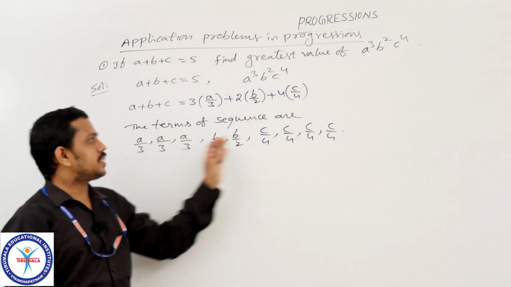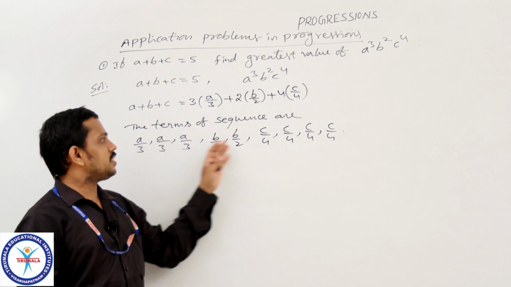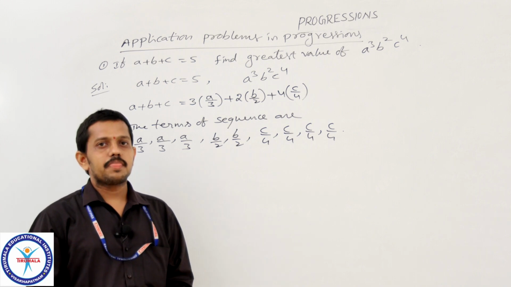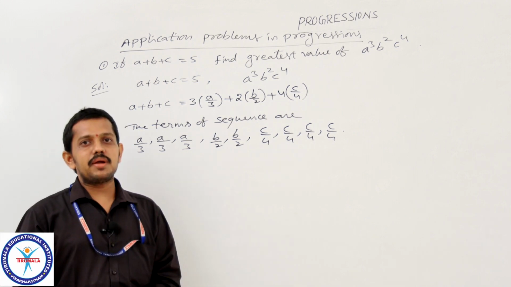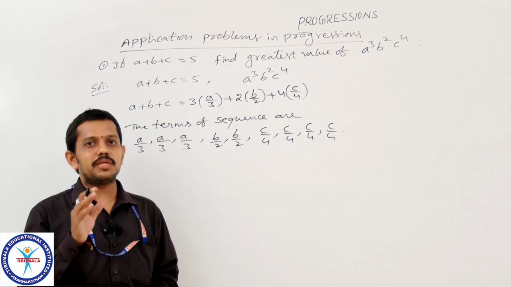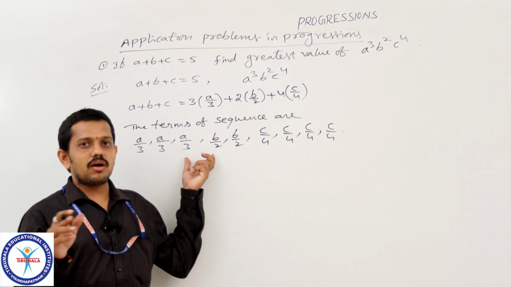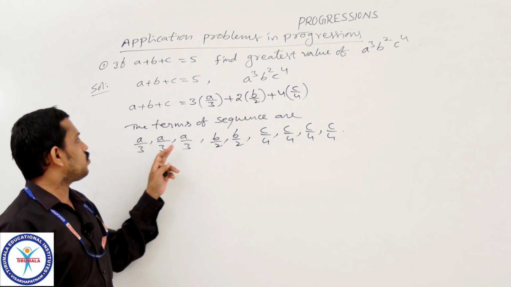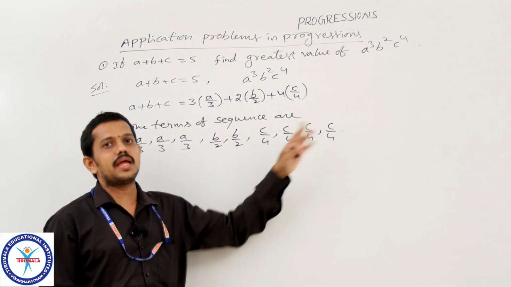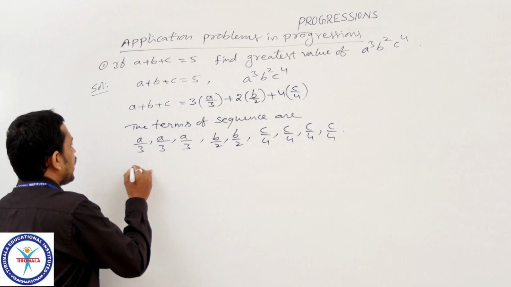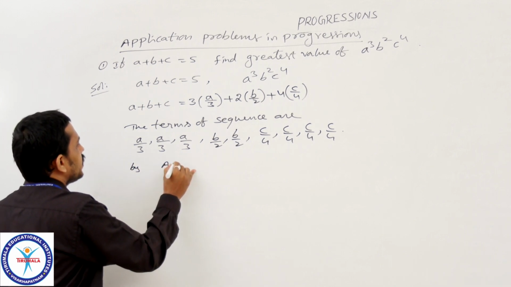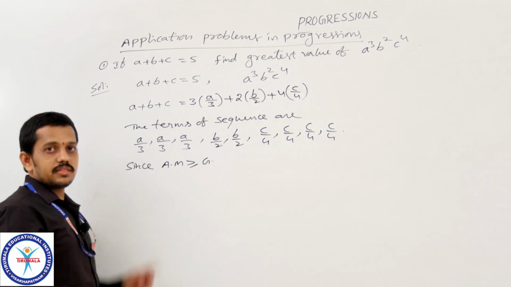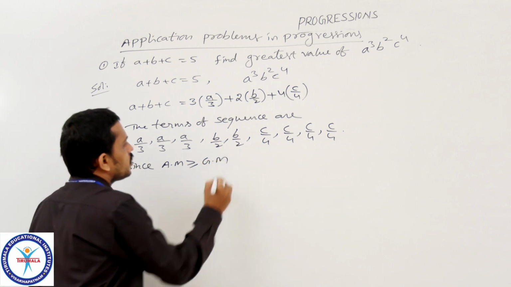Now these are the terms. Now for these terms, if a, b are any two positive numbers, then what is the AM and GM? Sum of the terms. So the arithmetic mean of the terms is always greater than or equal to the geometric mean of the positive numbers. Here we have 1, 2, 3, 4, 5, 6, 7, 8, 9 terms. So therefore, by the AM-GM inequality, AM is greater than or equal to GM.